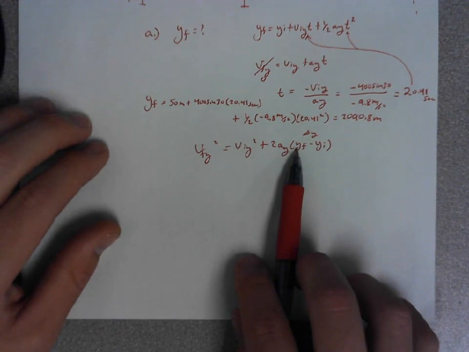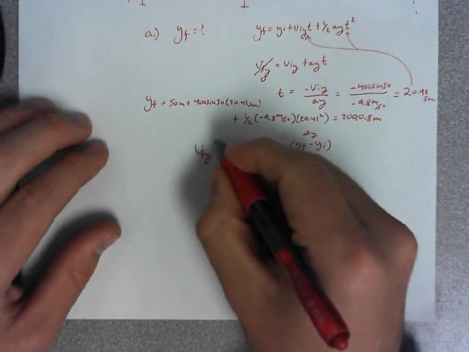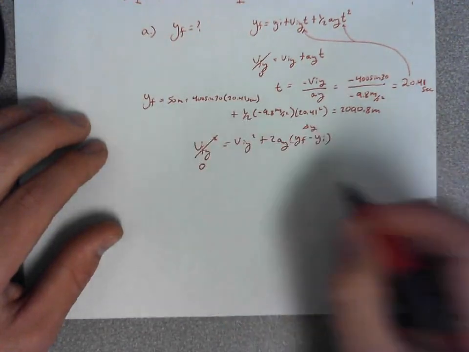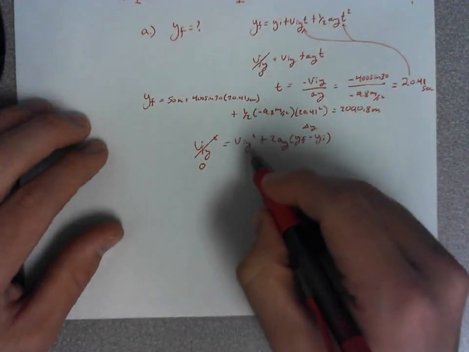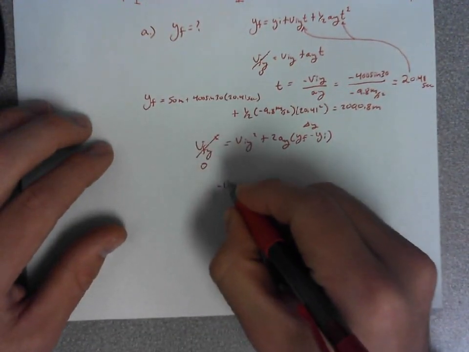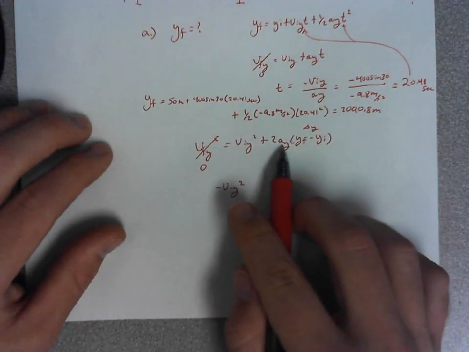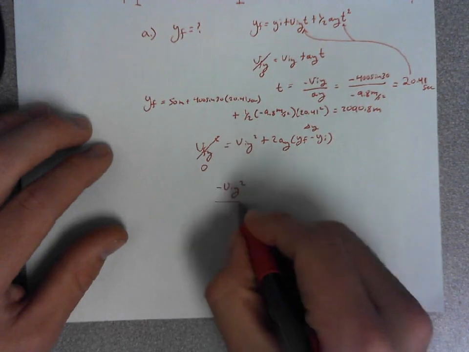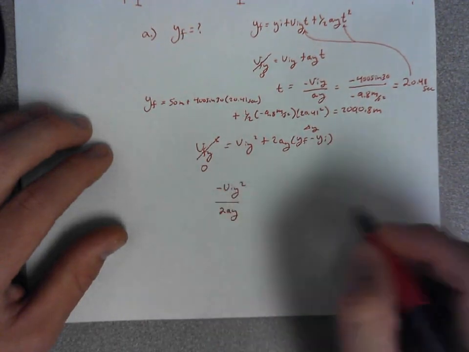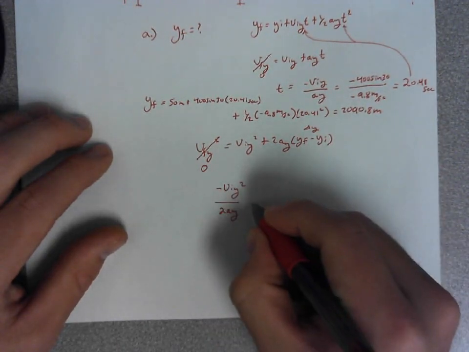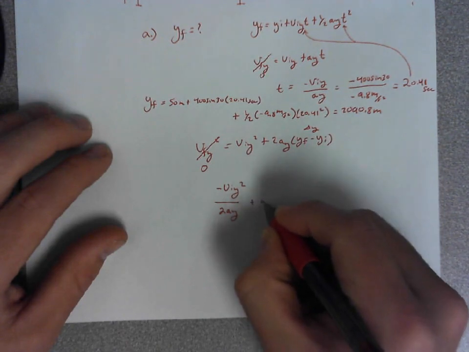Once again, at the top of the arc, I've got 0 right there. So if I solve for y final, I'm going to move the V initial y squared over to the other side, divide by the 2Ay, and then add the y initial over.